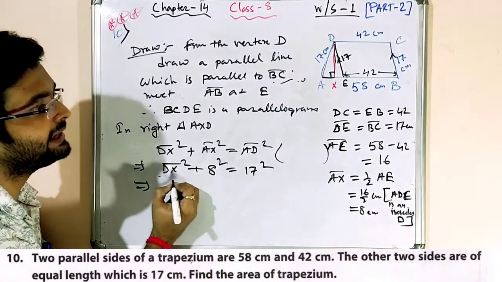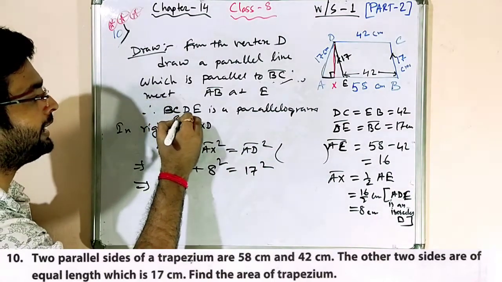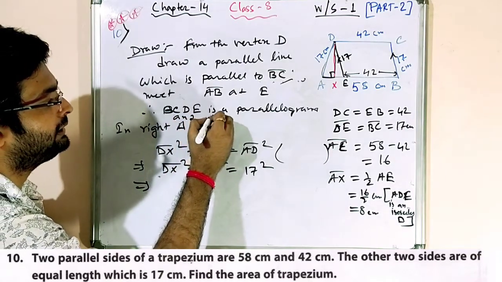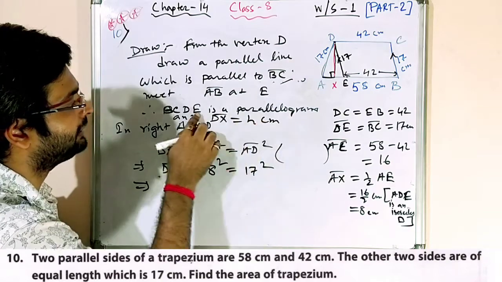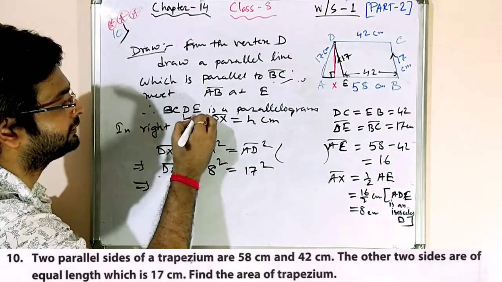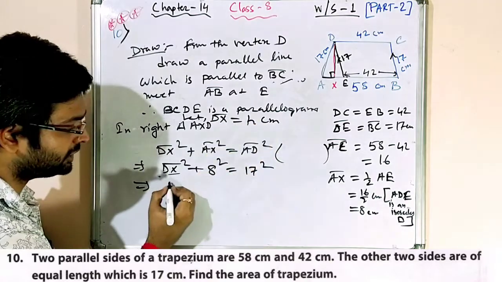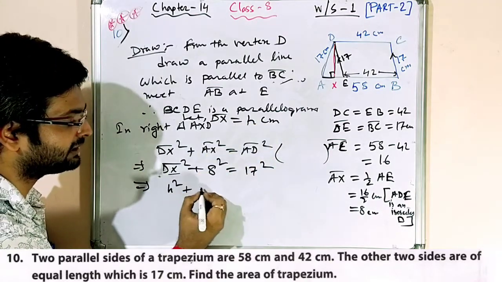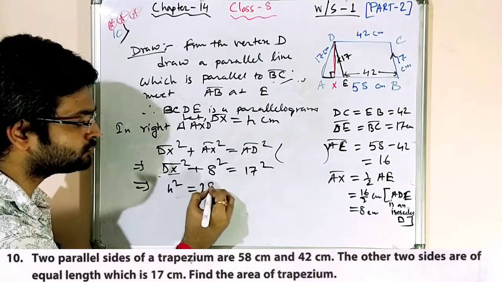Now let DX equal 8 centimeter. Let DX equal h, so h square plus 64 equals 17 square, which is 289.